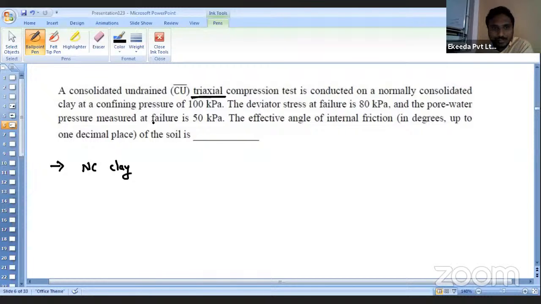The pore water pressure measured at failure is 50 kilopascal. So what they're asking is the effective angle of internal friction, in degrees up to 1 decimal point.